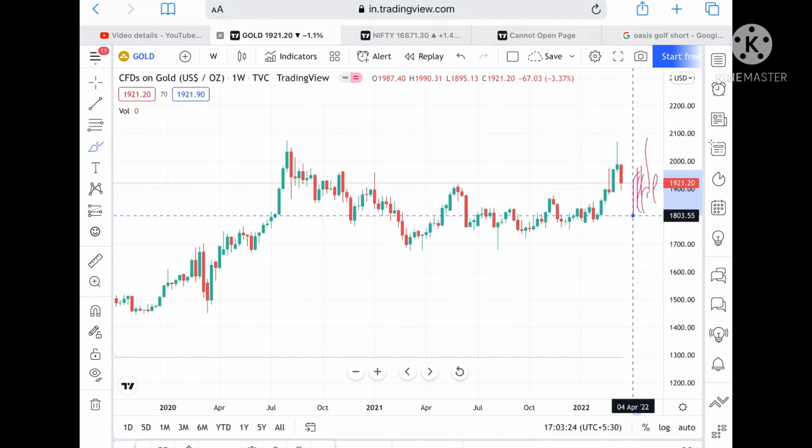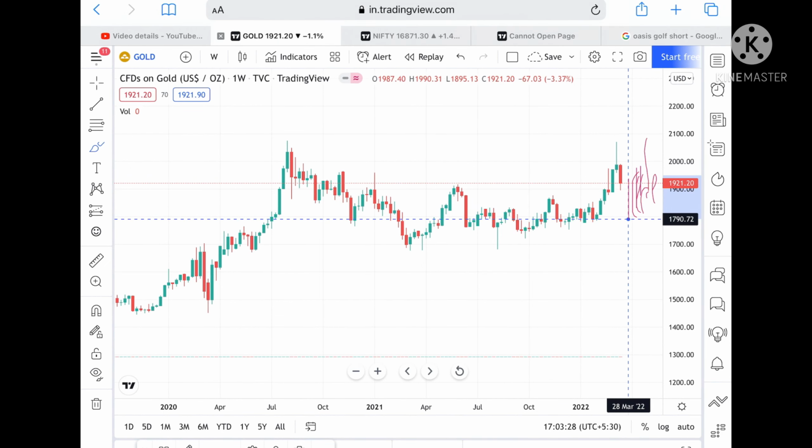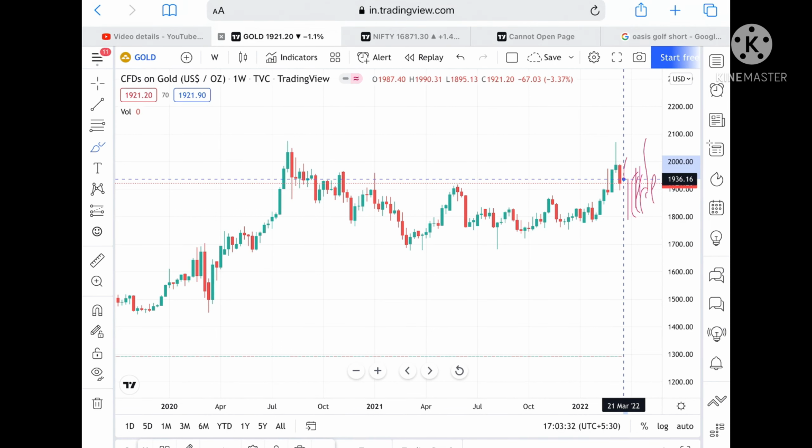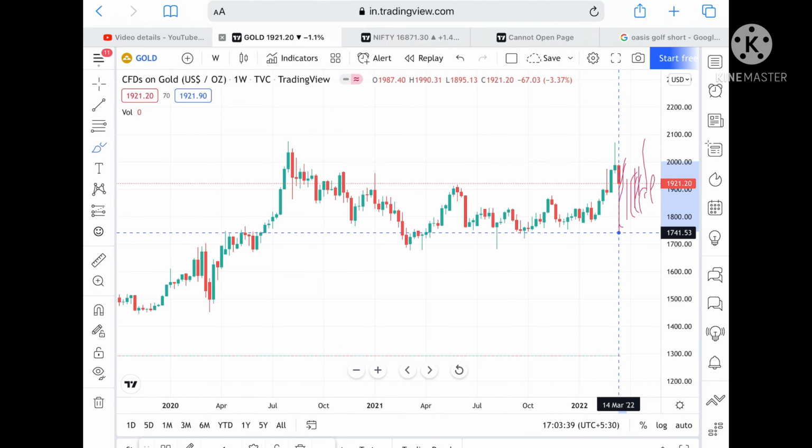If it goes below this level, it can touch a level of 1816. If the price goes below this level, it can touch a level of 1799, and from there a level of 1788. If the price goes below this level, it can fall further towards a level of 1762, and from there it can cross a level of 1741.